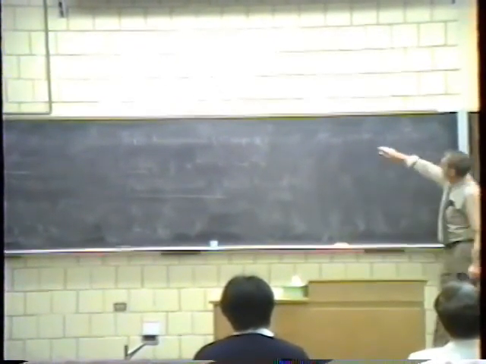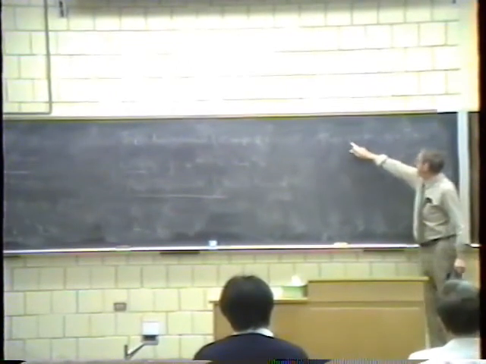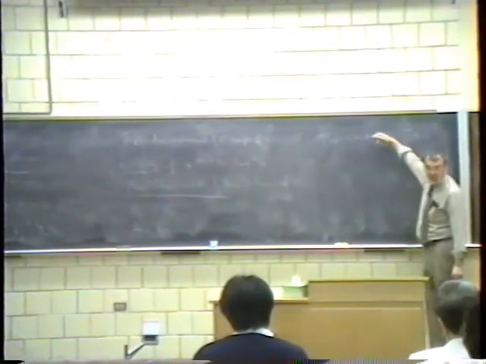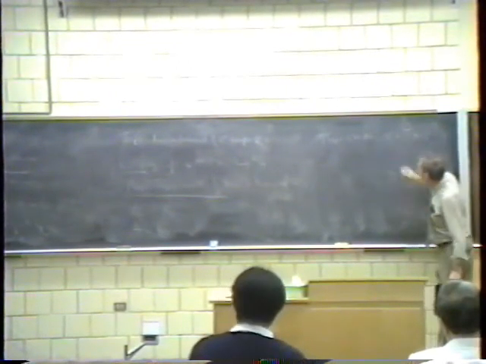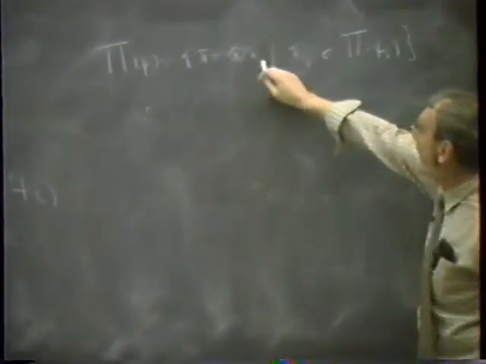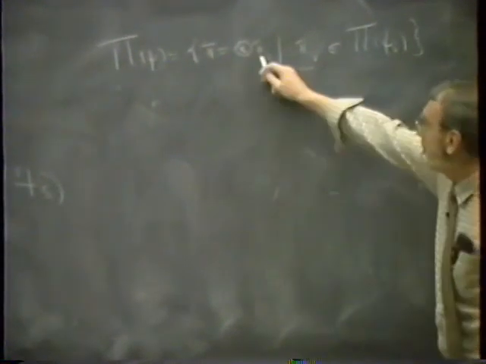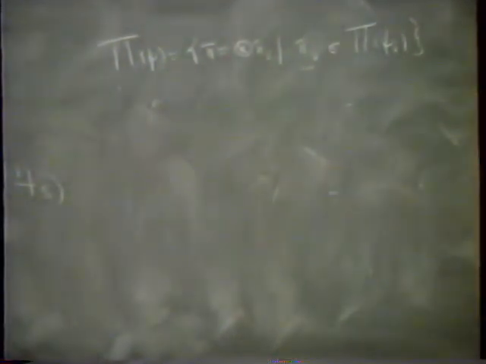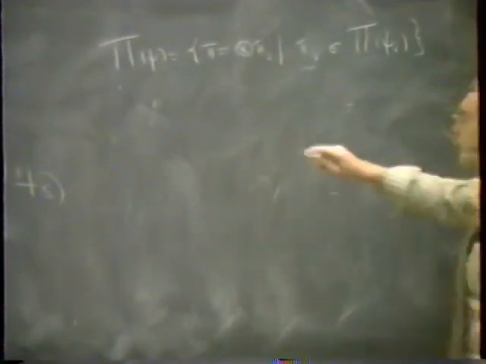That means that there are a lot of pi's in this set, because I may be able to change them locally one at a time, and there is more than one possibility for pi v. I can modify pi v, even if I only modify it at a finite number of places, in an infinite number of ways. So this is generally globally infinite.